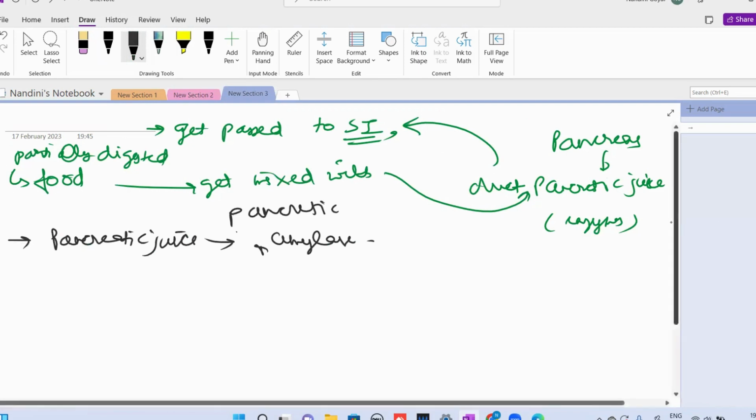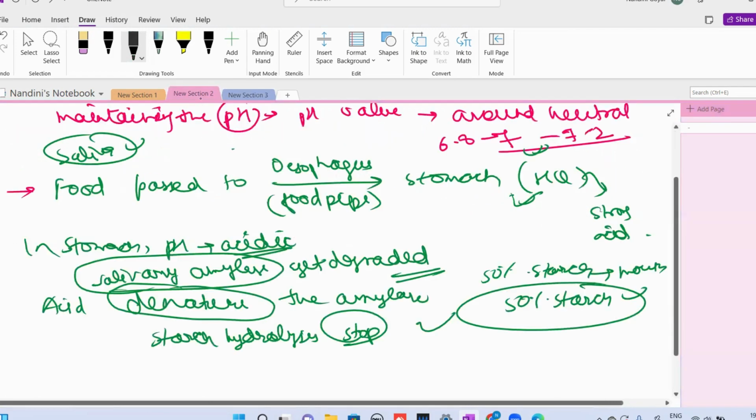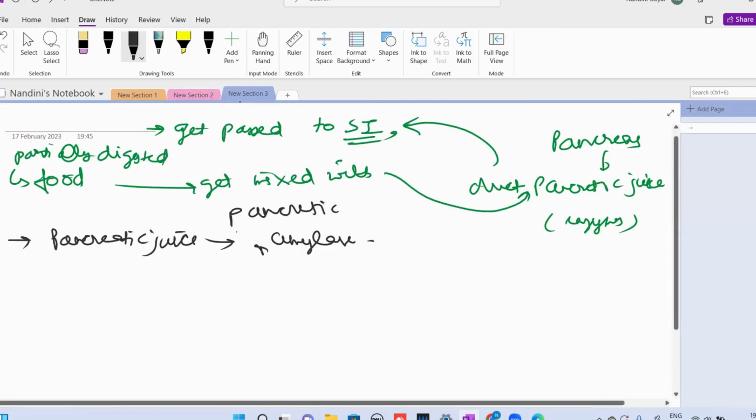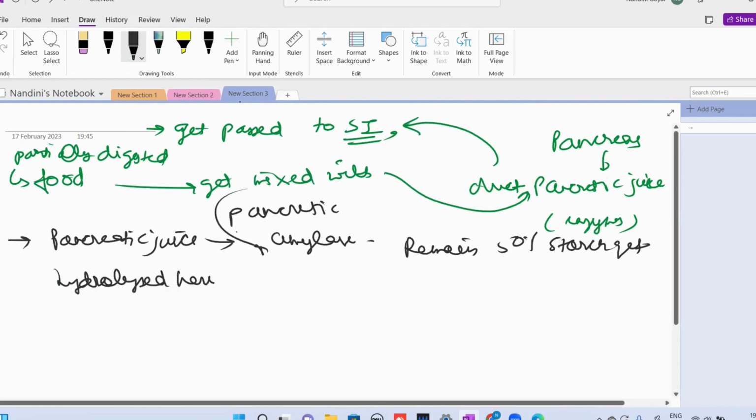So the starch that remained, I told you the 50% starch that remained from digestion, gets hydrolyzed here because of this pancreatic amylase, and it gets converted to maltose.